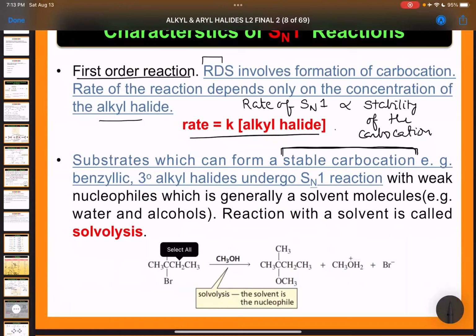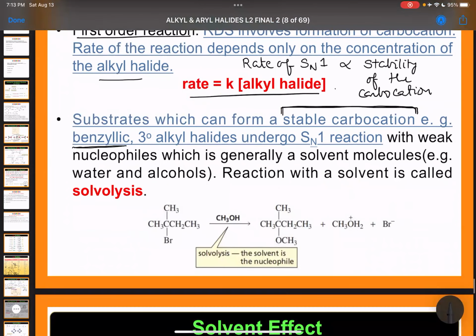But not only tertiary, there are other types of carbocations which are also very stable, like benzylic. What do you mean by benzylic, sir? And why can it form a stable carbocation?